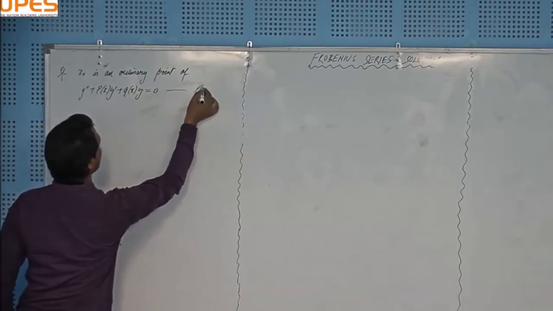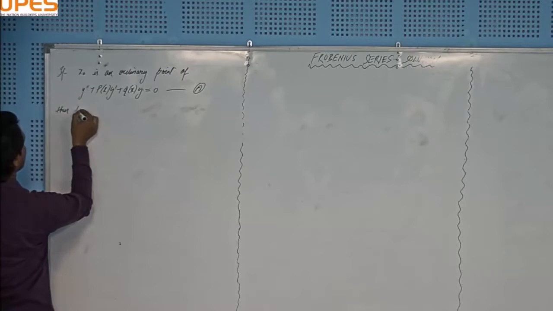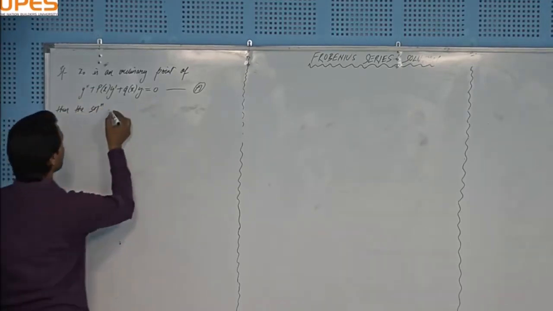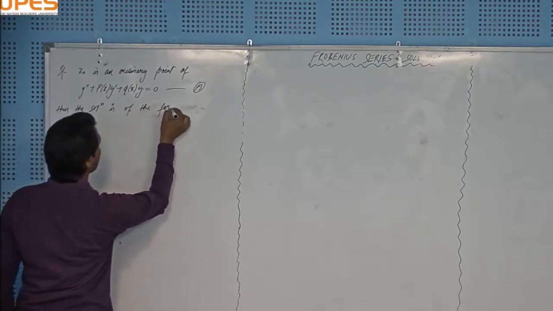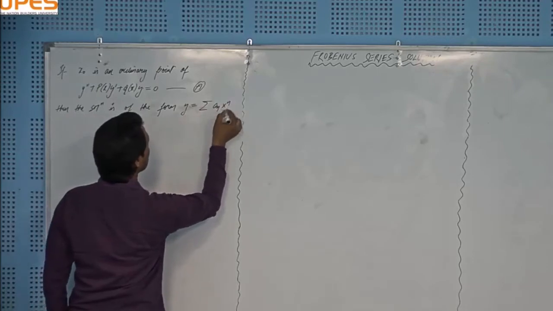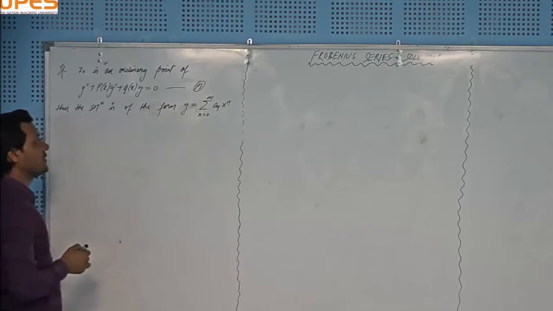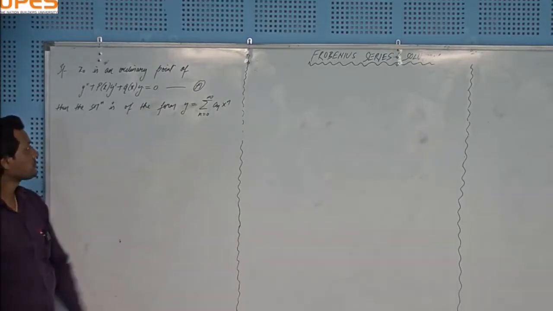Let me call it equation number A, right? Then the solution to this equation number A is of the form y is equal to summation a n x to the power n, where n starts from 0 to infinity, and this is called power series method, right?